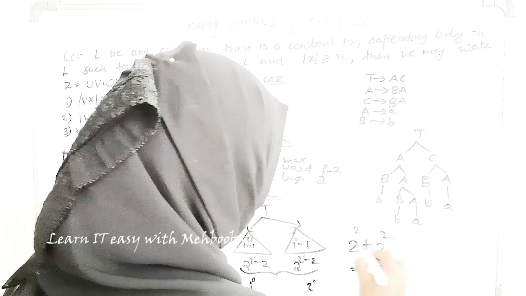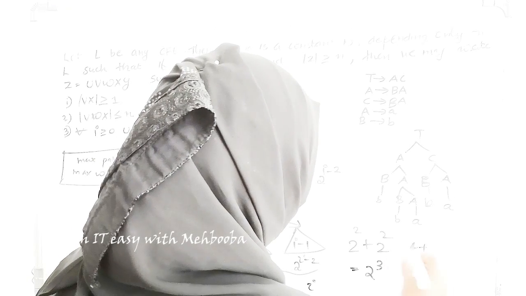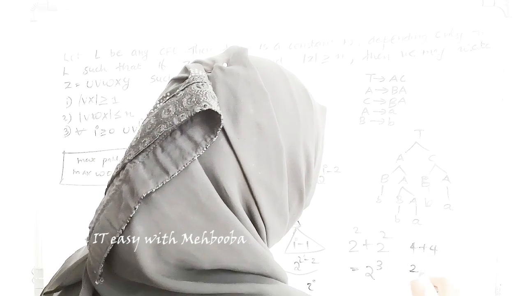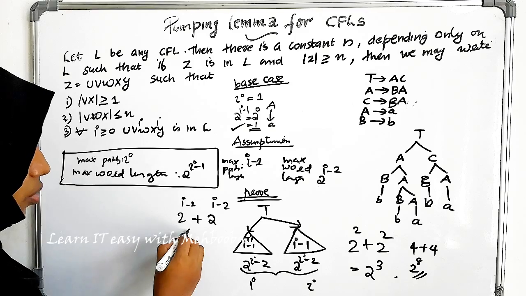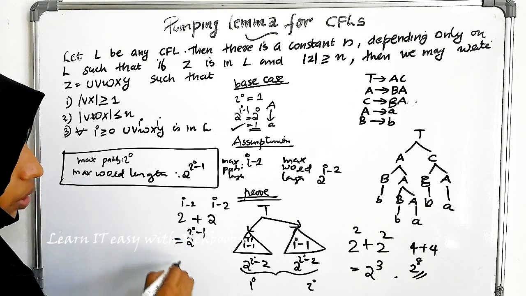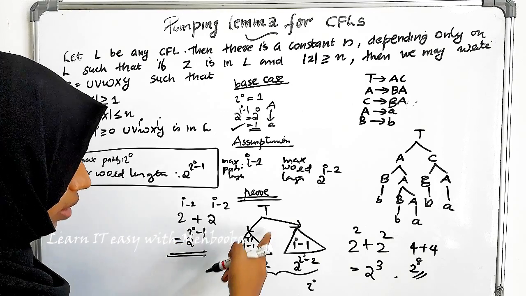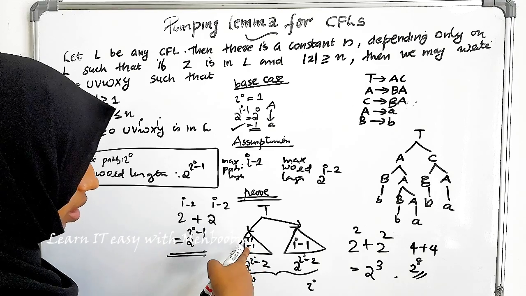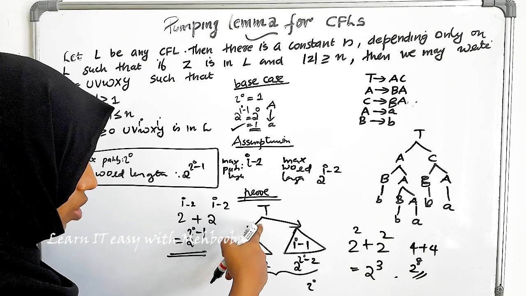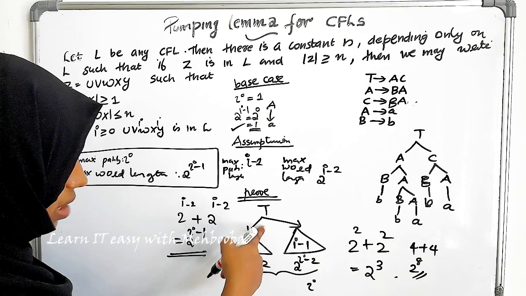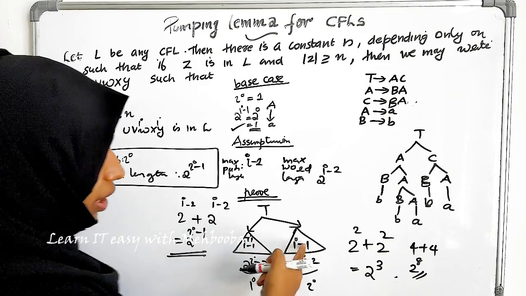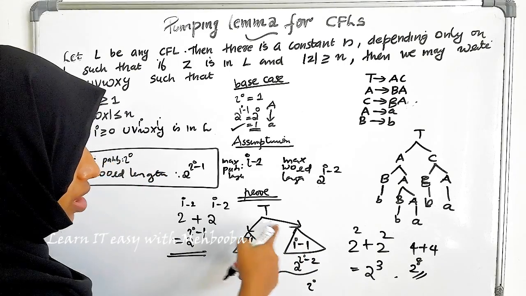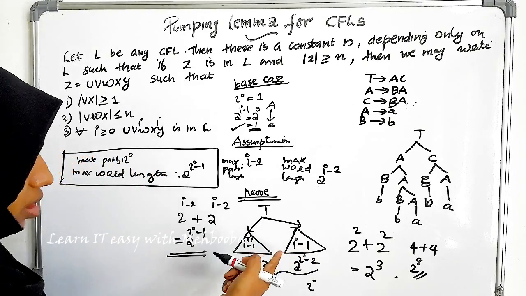If you want to check, 2 raised to 2 is 4, and 4 plus 4 is 8, which is 2 raised to 3. So 2 raised to I minus 2 plus 2 raised to I minus 2 is actually 2 raised to I minus 1. So when the path length is I, because this contains path length I minus 1 plus this edge, I is the total path length. Here also the path length is I minus 1, and with this edge added the path length is I.